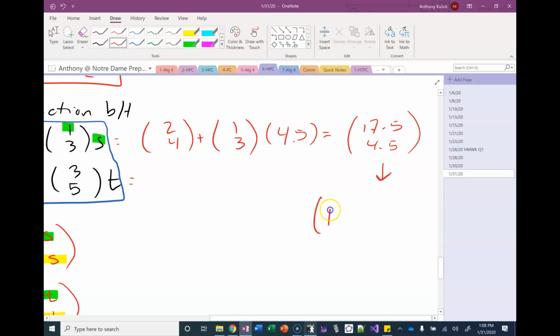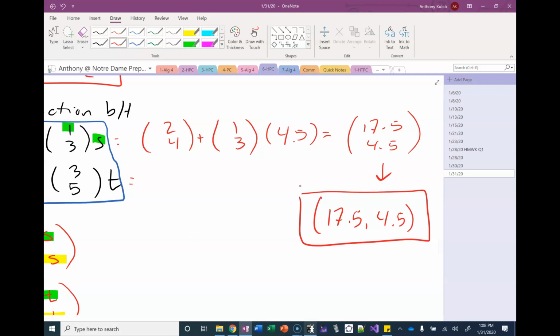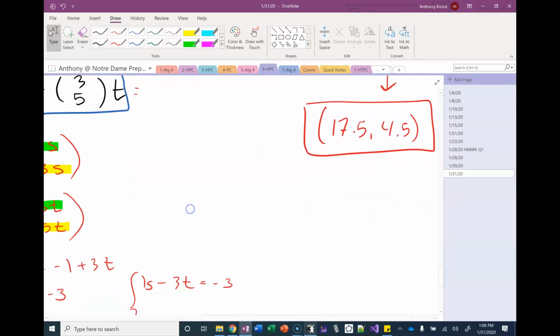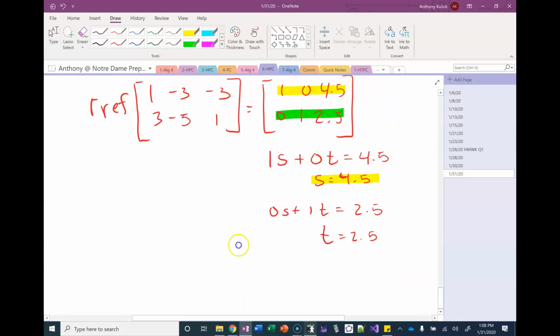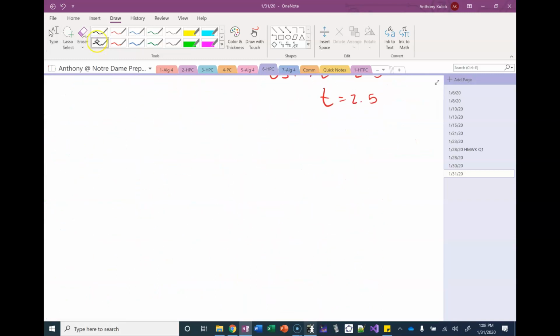So that tells me my point is, yes, sir. Of course. So there's my point. Okie doke. If I had picked t and plugged that one in, I should get the same result. All right. That's the last two-dimensional vector topic that we're going to talk about in this class.